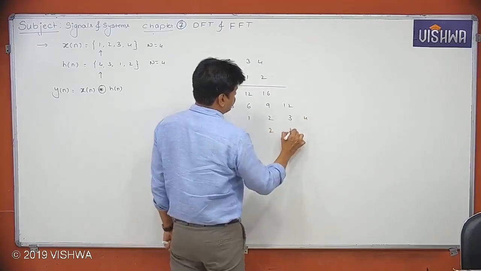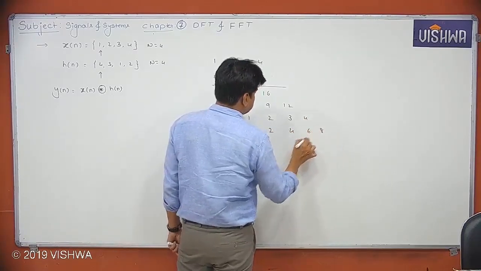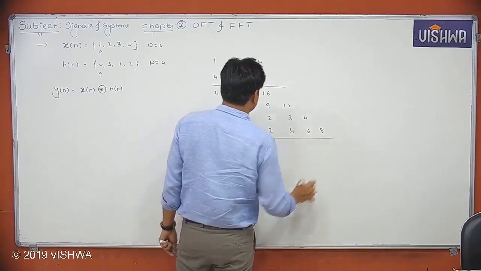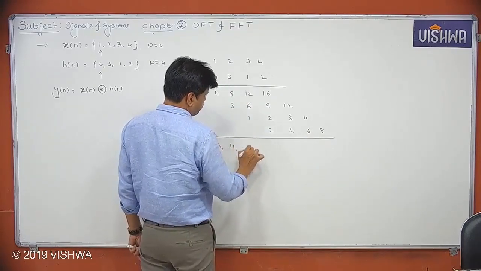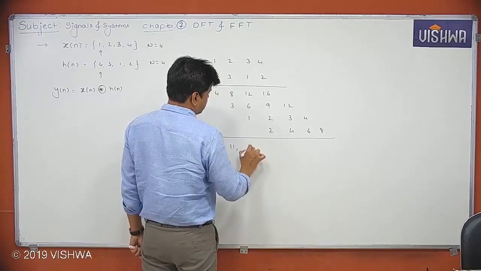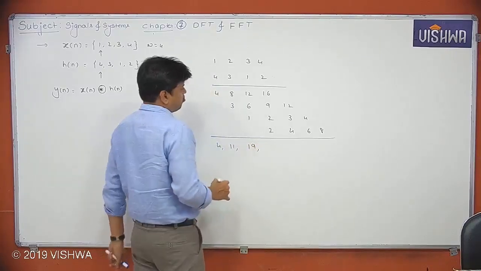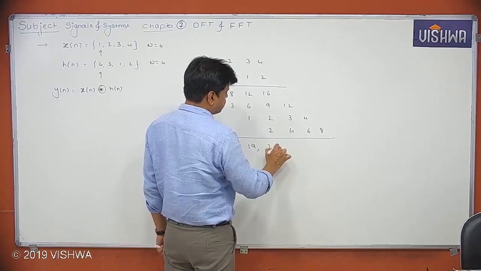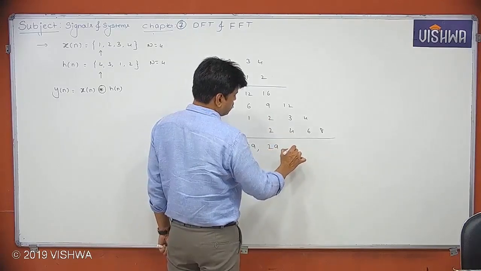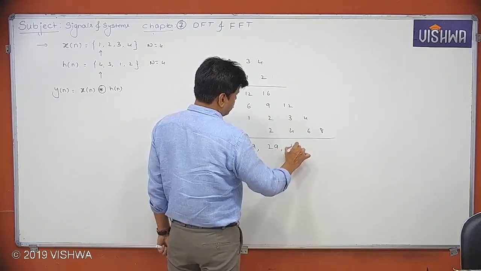By summing them: 4, 11, 19, 29, 19, 10, 8.